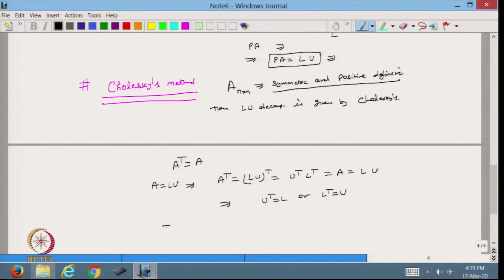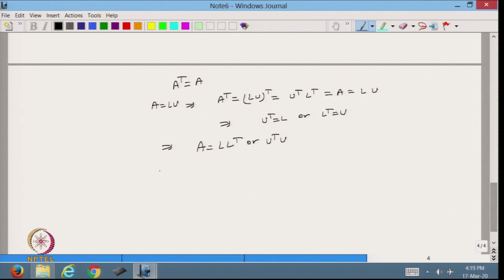So, from here I can say that my matrix A can be decomposed as L times L transpose, or U transpose times U. So, in this case what is going to happen? Now, suppose I take this notation. Let this be L11, L22, up to LNN.